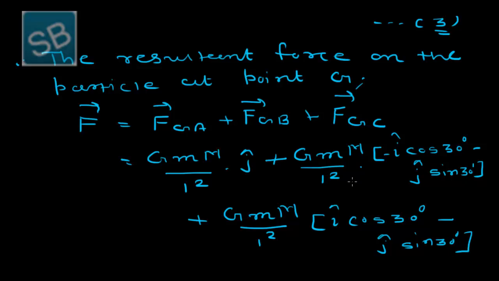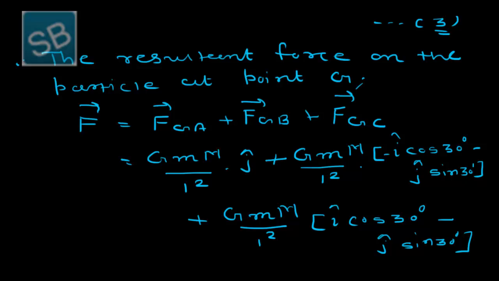And here the i cap terms cancel out, and the remaining ones are minus GMm divided by 1 square j cap sin 30, and here also minus GMm upon 1 square j cap sin 30.